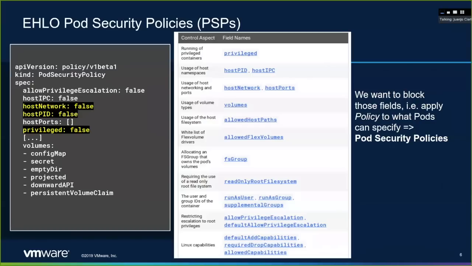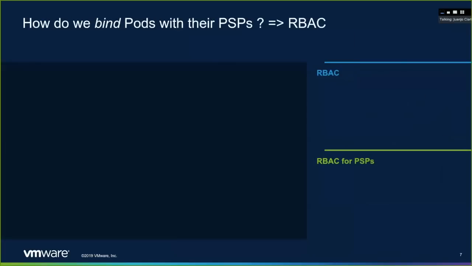But for these particular workloads, you may also want to limit them from mounting pieces of the node host path into the container. So how do you associate your workloads with these particular pod security policies?